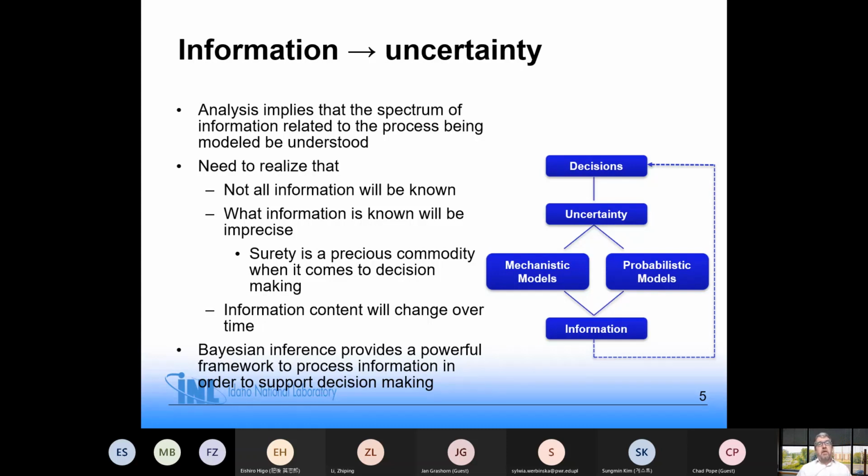But what we're going to do is really be able to translate information into a quantitative realm. And once we do that, then we're really specifically talking about uncertainty. So another way to think about this is we're taking information, kind of transforming that into a language that we call probability.